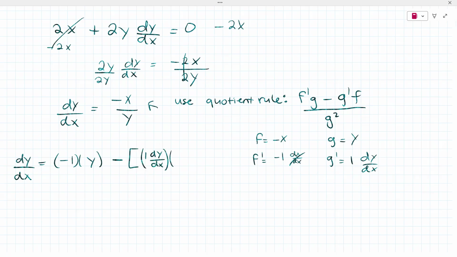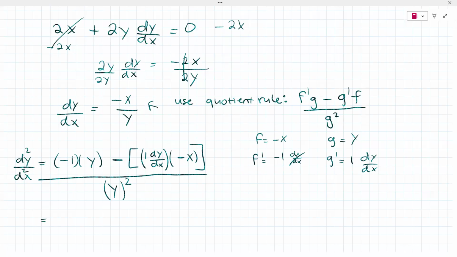And then f is negative x, all over g squared. So g is y, and then I'm going to square that. This should be the second derivative because we're taking it twice.